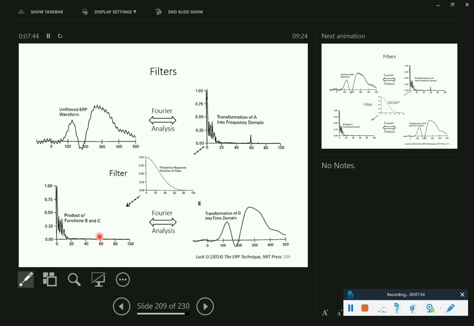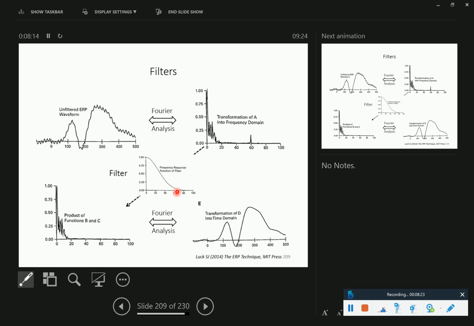Then you can do the Fourier transform in the other direction, and what remains is these low frequency components, which refer to these kind of bumps, but what you don't see anymore is this saw-like pattern, which refers to the 60 Hertz peak. So that's how one can think about filters and how they attenuate certain aspects of the frequency spectrum.